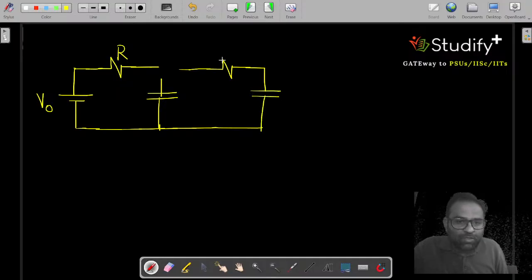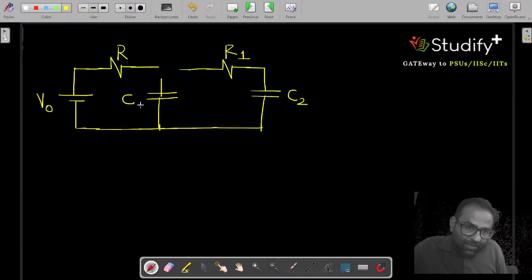This is R1. This value is C2. This value is C1.